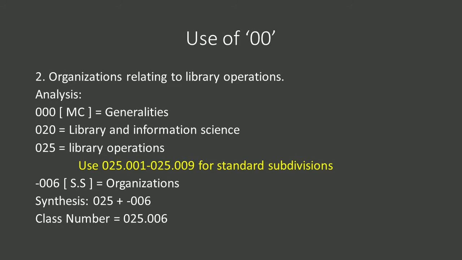In Table 1, -06 is for organization, but I have written -006 here because the instruction says to use an extra 0. That is why I have written -006. I have used an extra 0 here.